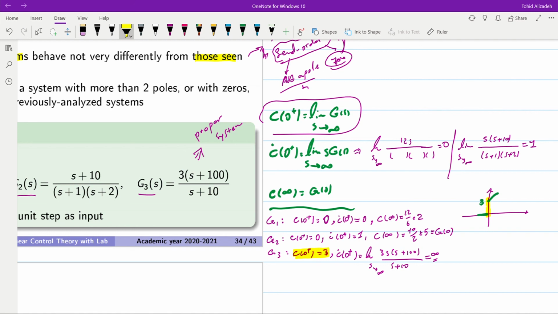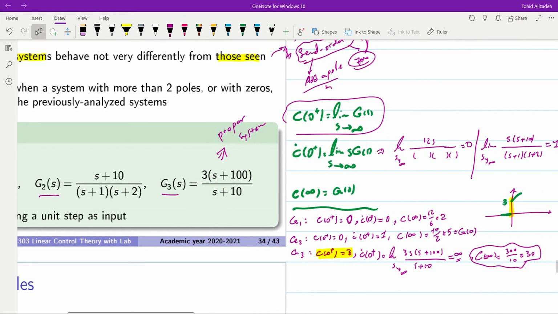That's why we can say that c dot has a bounded value, let's say. And finally, if I want to calculate c at infinity, we will get g at 0, and it's equal to 300 over 10 or 30. So the final value for the system will be equal to 30 in terms of the step response.